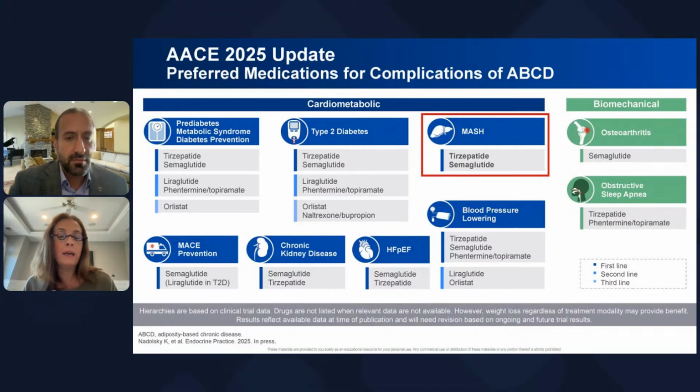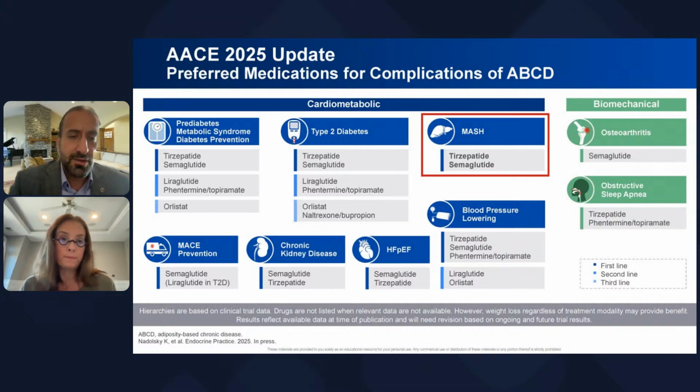Failure of therapy, inadequate response, intolerance of GLP should then lead you to the use of resmetirom. And then depending on how the response is with that, potentially a clinical trial or other, but hepatology referral, certainly.